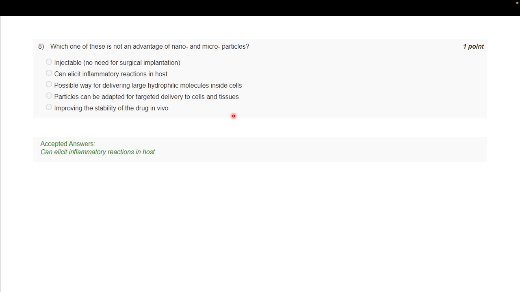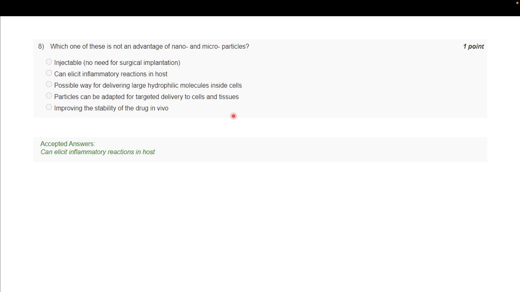Also, one advantage is it improves the stability of drug in vivo, because we saw the brush and mushroom conformation where you can pegylate your particles. That will increase the stability in vivo, because it will avoid uptake by macrophages and immune cells. So the only disadvantage these particles can have is that they can elicit inflammatory reactions inside host, which there are ways to minimize. Clear?